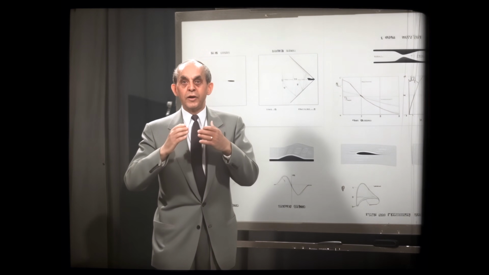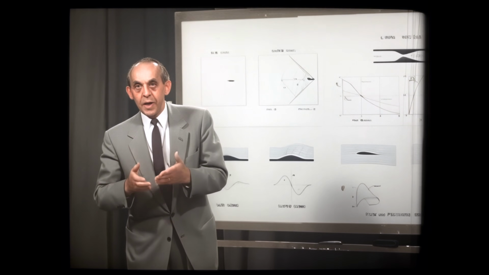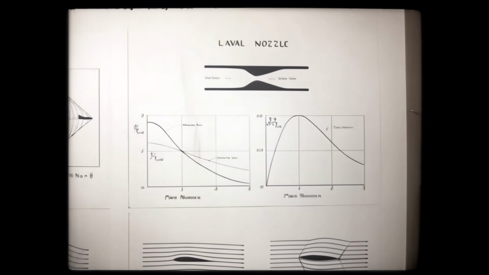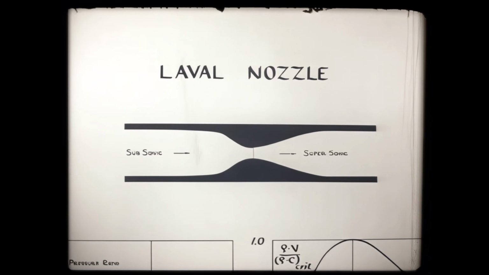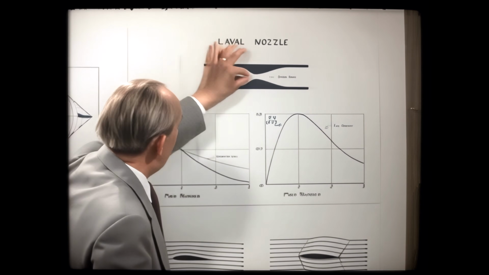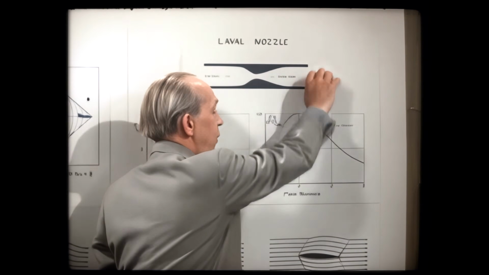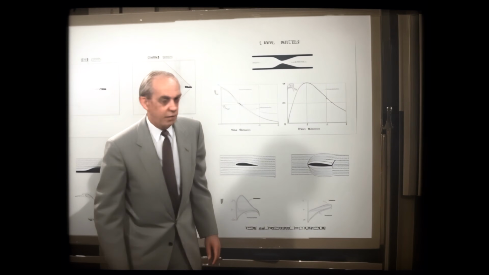Therefore, we have to devise a new type of nozzle. The first man to design such a supersonic nozzle was Pierre de Laval, and therefore we call a nozzle which is first convergent and then divergent a Laval nozzle.